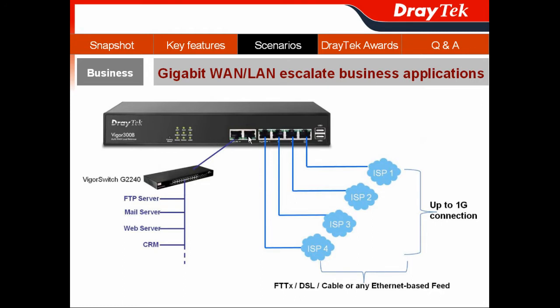And speaking about its LAN interface, it's a giga, so you can connect to a gigabit switch to ensure speed to the LAN environment, including the FTP server, mail server, web server, CMS server, and so on.